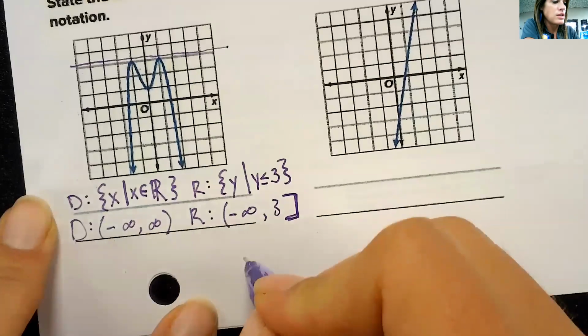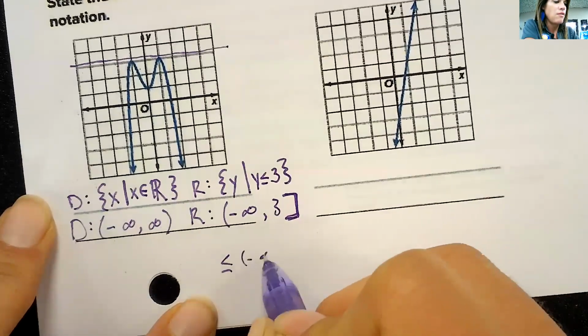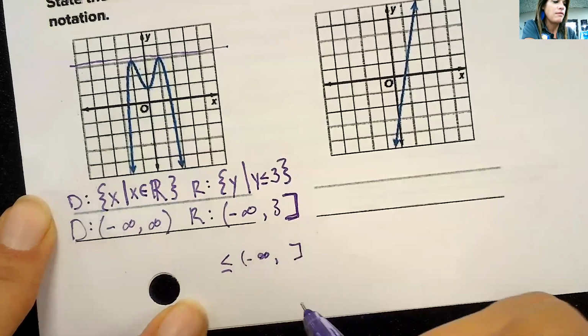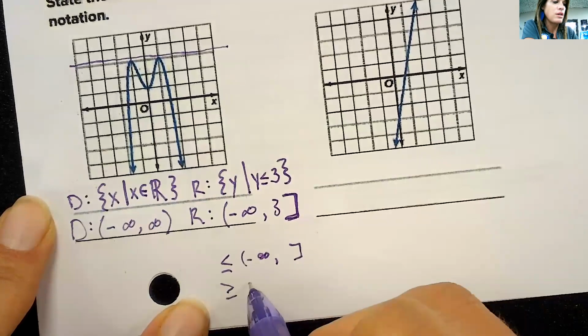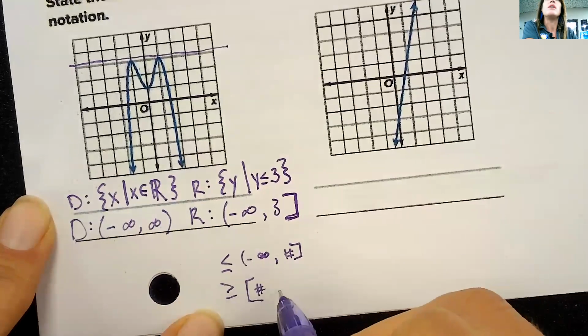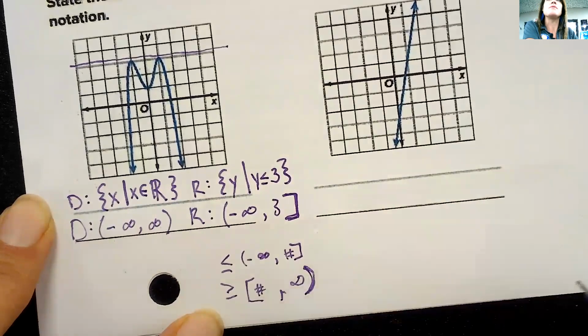Okay, so we need to notice that less than or equal to is going to go from -infinity to whatever number and then have a closed bracket. Greater than or equal to is going to go from whatever number with a closed bracket, because it's or equal, to infinity. And that'll be a parentheses.